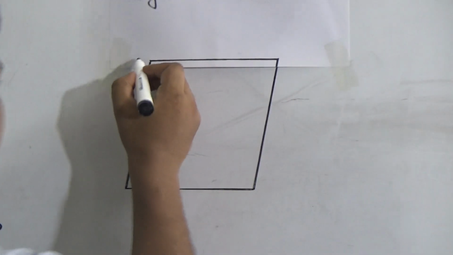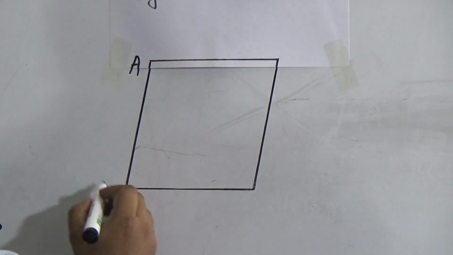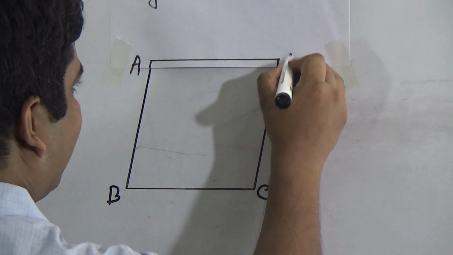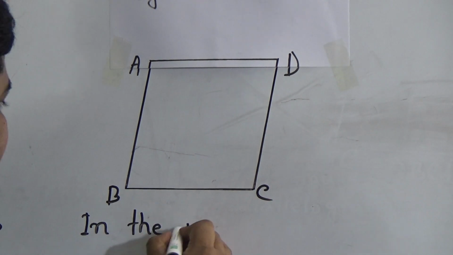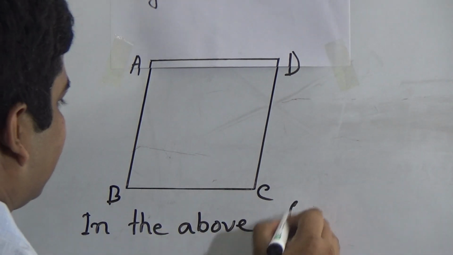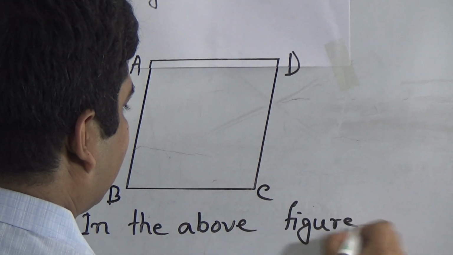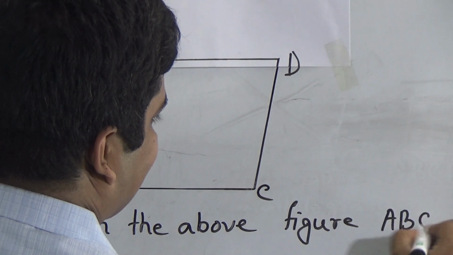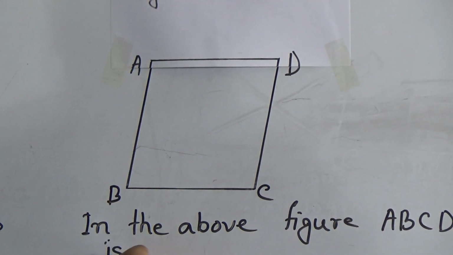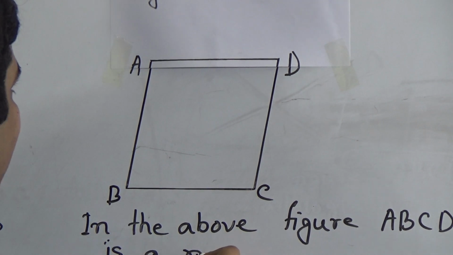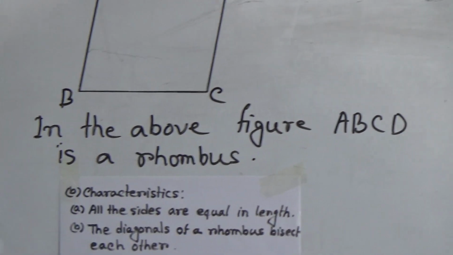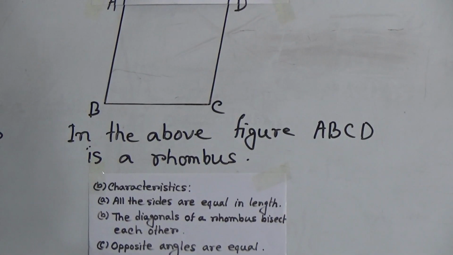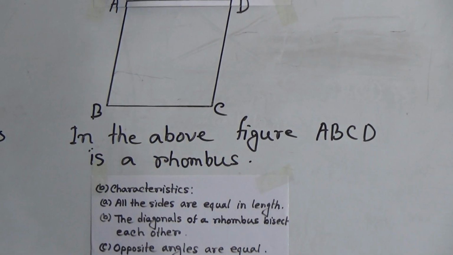The name of this rhombus is A, B, C, D, and here we write: in the above figure ABCD is a rhombus. So dear students, please notice in the above figure ABCD is a rhombus.